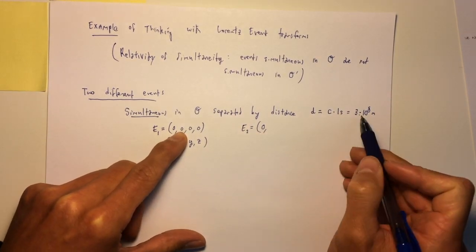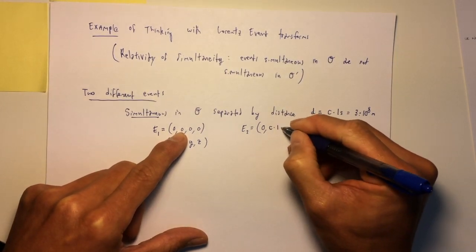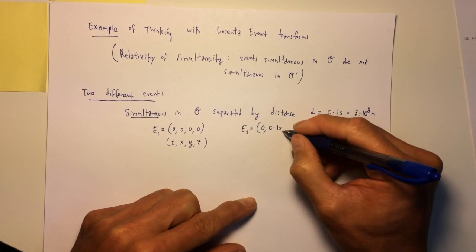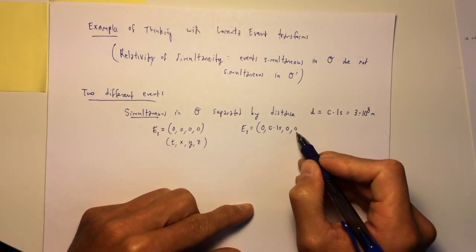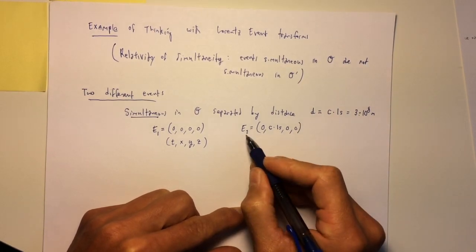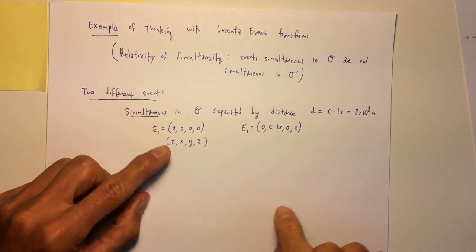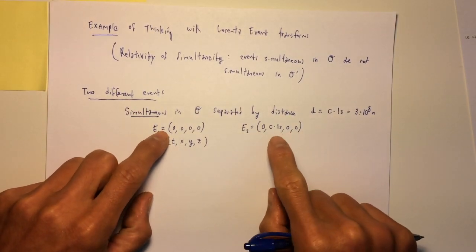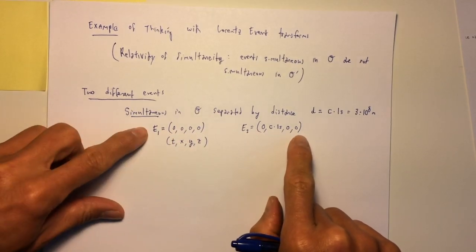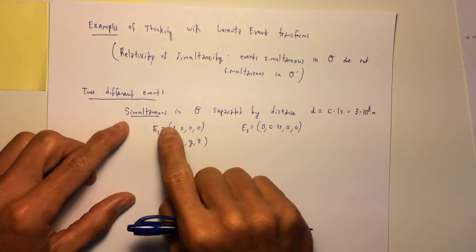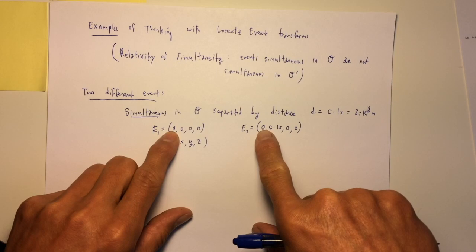I'm going to say that it happens 3 times 10 to the 8th meters away. So I'm just going to shorthand that as c times 1 second, right? But I'm going to make it boring in the transverse direction, so in the y and the z also. So this other event, 2 different events, event number 1, event number 2, they have different space-time coordinates. Okay, so they are simultaneous in O because their time coordinates are the same.